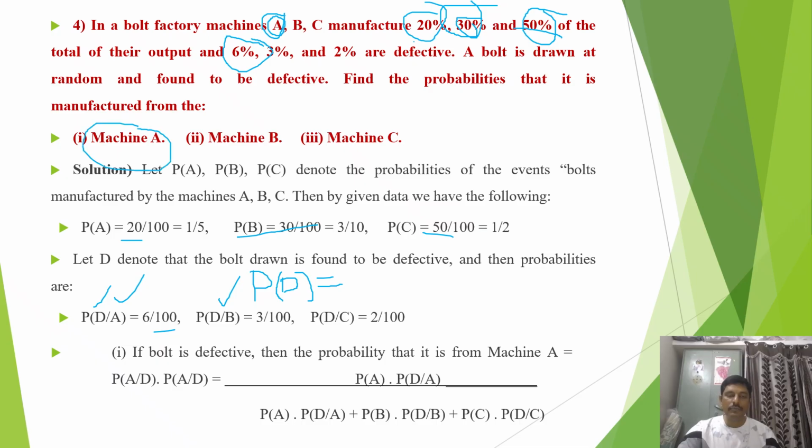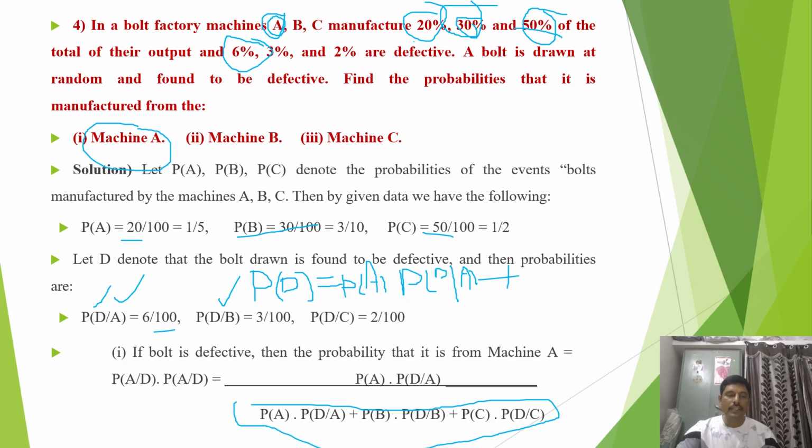The defective probability means if we select a bolt from factory A, it may be defective, so P of A into P of defective bolt from factory A, and vice versa applicable for B and C also. So this is the defective bolt probability.